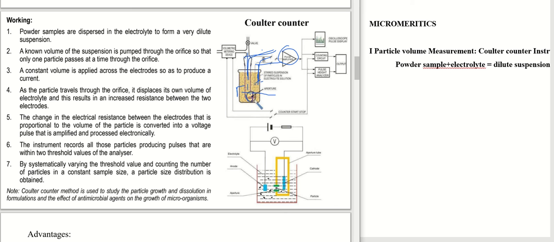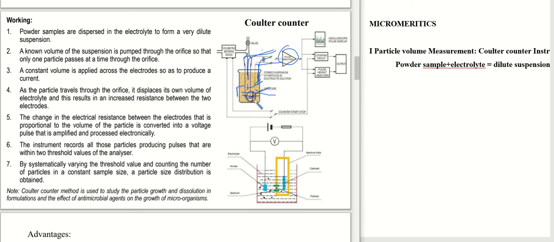In this glass tube we have electrolyte solution, and in this beaker we also have electrolyte solution in which our powder sample is dispersed. So if a particle travels across this barrier, there will be some displacement of electrolyte solution from the glass tube.